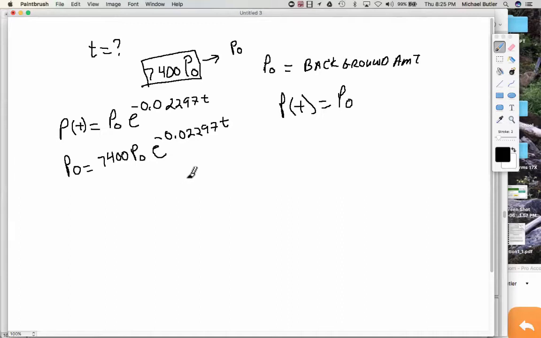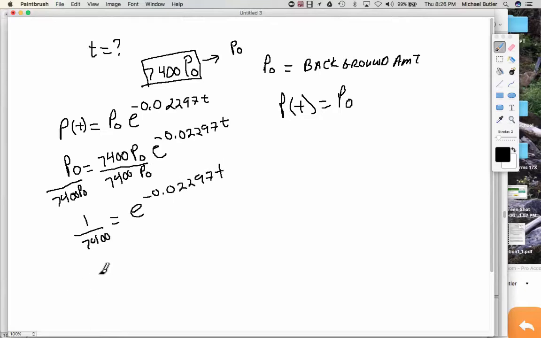All right, let's divide both sides by 7,400 P sub 0. If we do that, we get 1 over 7,400 is equal to e to the negative 0.02297 T.